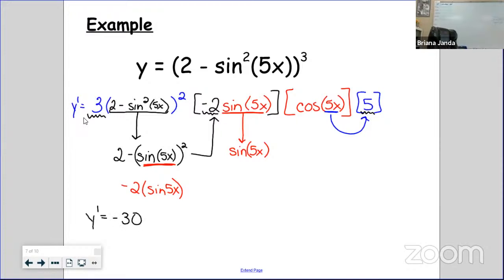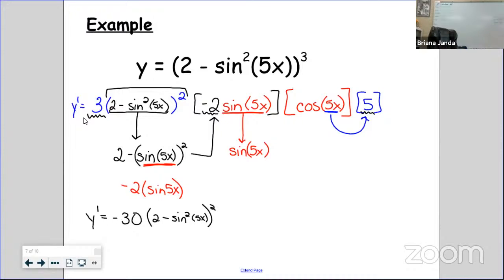Okay. This right here really can't change because it's in a quantity squared. So unless I write it twice in FOIL, it just stays 2 minus sine squared of 5x quantity squared, right? The only way I can change that binomial is to write it twice in FOIL, which I'm not going to do.